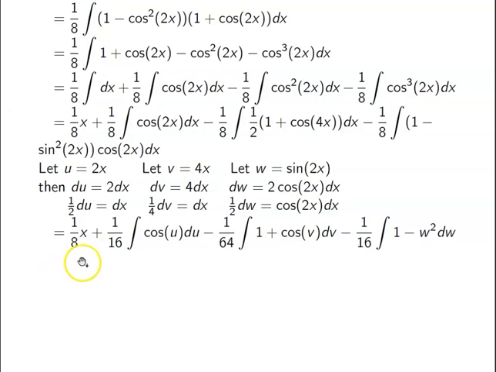So again, now it's much easier to integrate these. Cosine, we know, turns into sine. Signs stay the same, so this will just be turned into sines when I integrate. So this stays as a 1 over 8x. This turns into 1/16 times cosine of u, I'm sorry, sine of u. This is negative 1 over 64 times v plus sine of v.